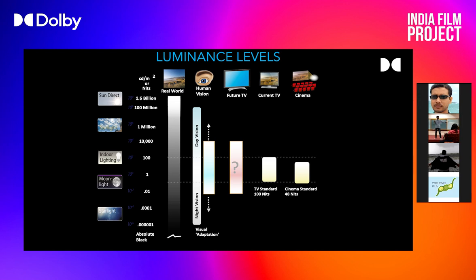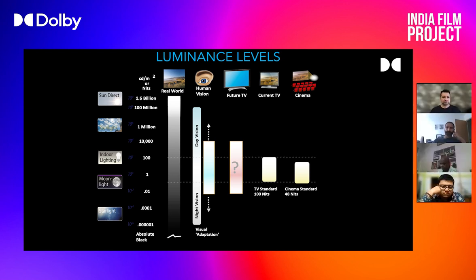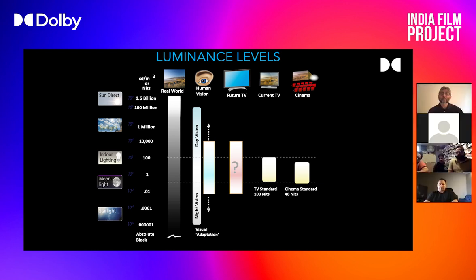Whereas our current television is limited to a very small range, which we technically call 100 nits of brightness or luminance. And the cinema screen, unlike what we perceive, we think a big cinema screen is better to watch because it's probably brighter. Actually, it's not brighter, it's even less bright than a regular TV screen.